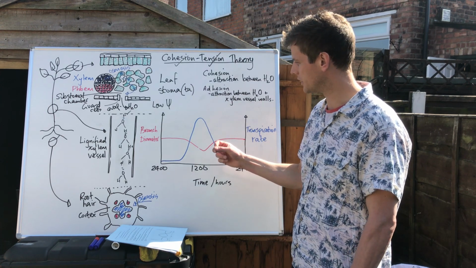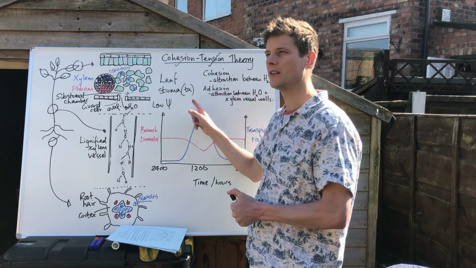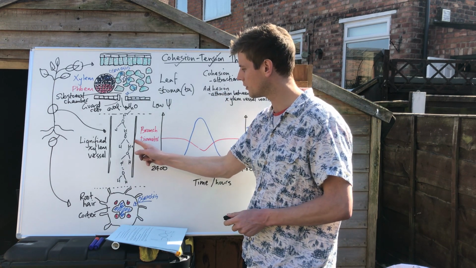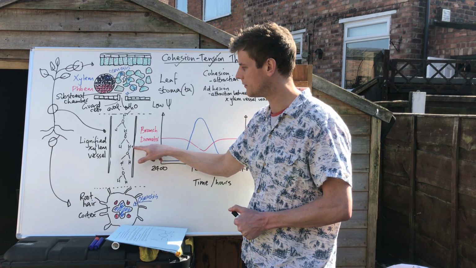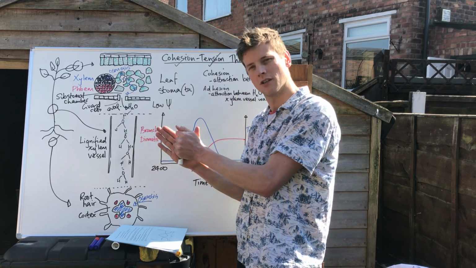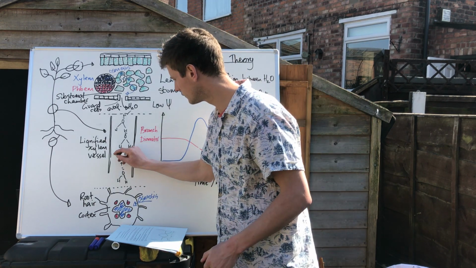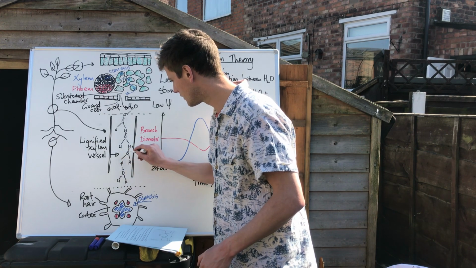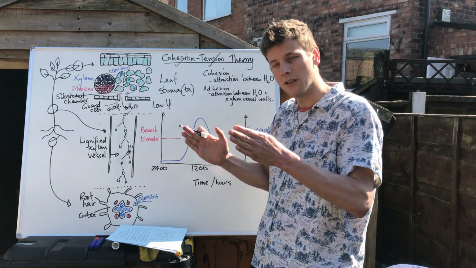Because there's more tension, that increases the force of adhesion, or the tension from the water molecules and the xylem vessels. So that tension pulls the xylem vessels in. So with increased tension, those xylem vessels get pulled inwards.